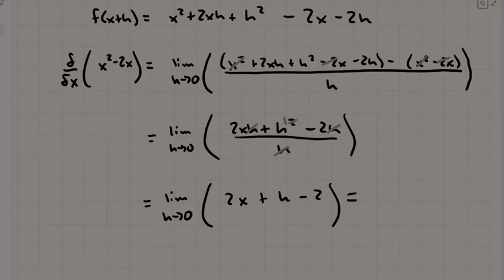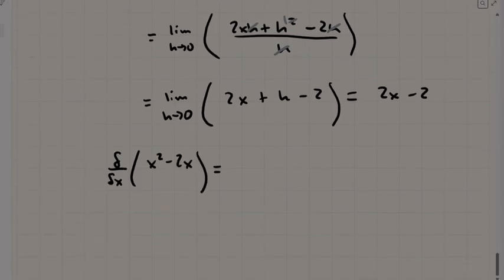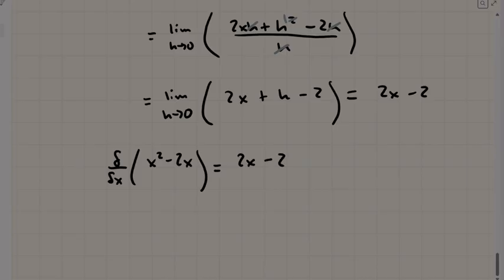All right, plug in h equals 0, and what happens? You get 2x minus 2. And so what that means, right, remember this is the derivative of the function. And so we're saying that the derivative of x squared minus 2x equals 2x minus 2.